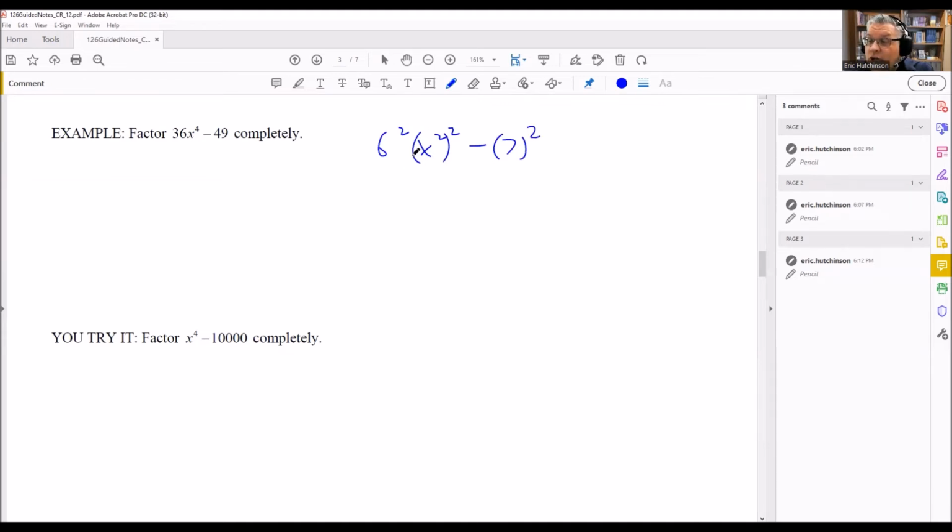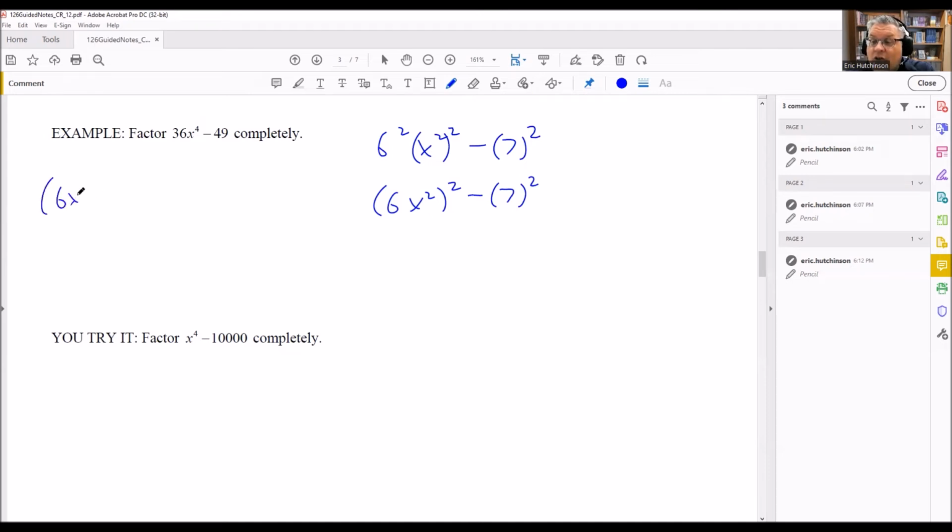Well, this one, we can put that together and do 6x squared, and all that is quantity squared. Because when you square everything inside the parentheses, you'd have to square the 6, and then square the x squared. So if we square both of those, we would get 36x to the 4th, so we know we did that correctly. Now we want to use the difference of squares formula.